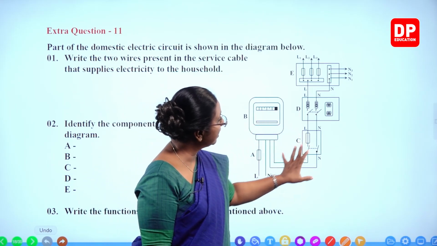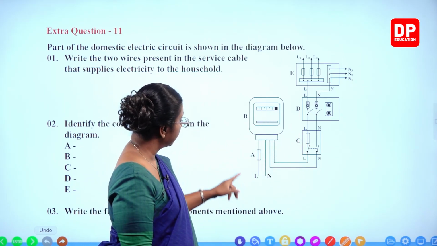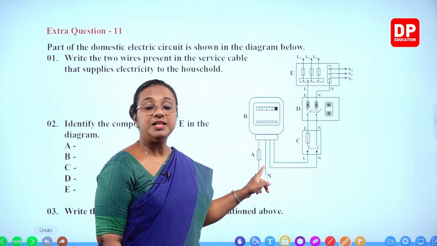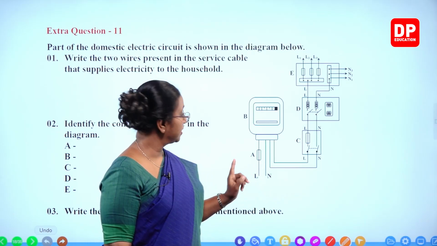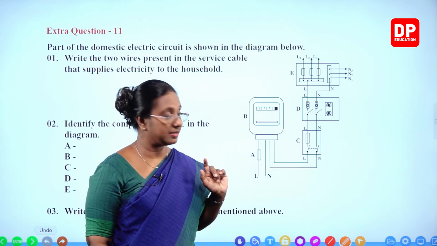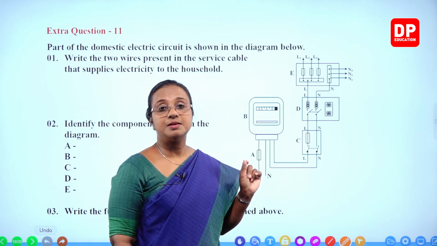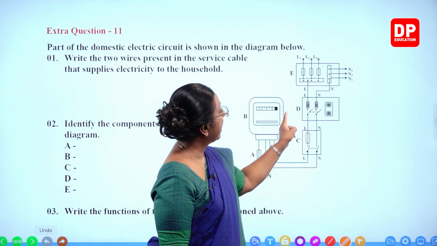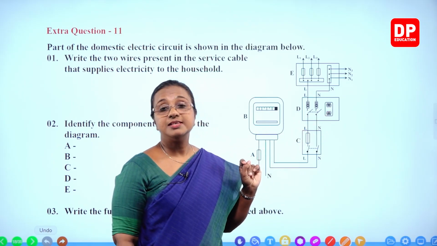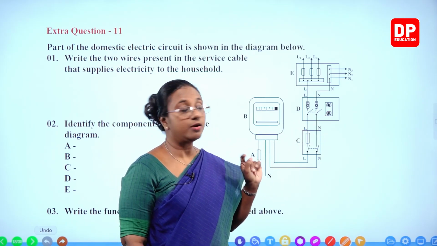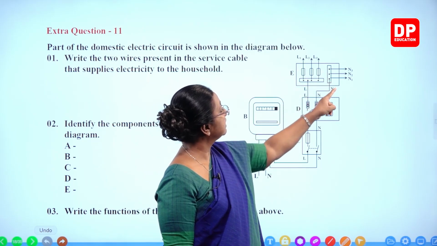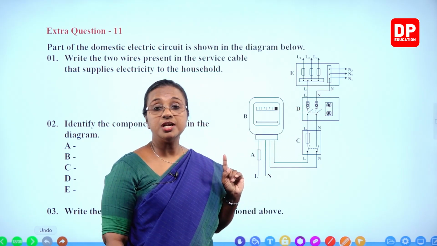So you have identified all the components. What is A? It is the service fuse or the overload circuit breaker. Then B is the electricity meter. C is the isolator, the main switch with the main fuse. And D is the RCCB, residual current circuit breaker or the trip switch, and E is the distribution box.